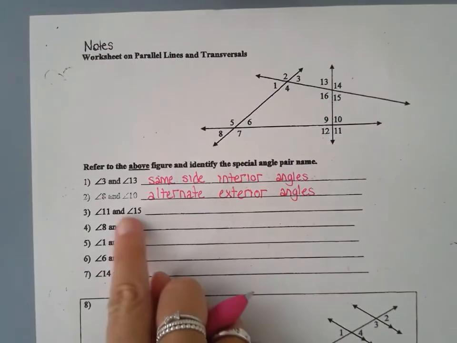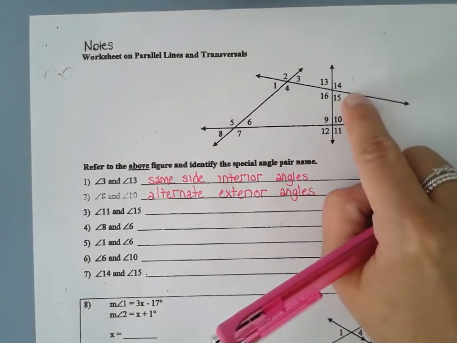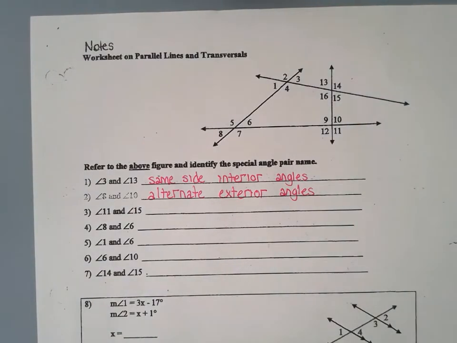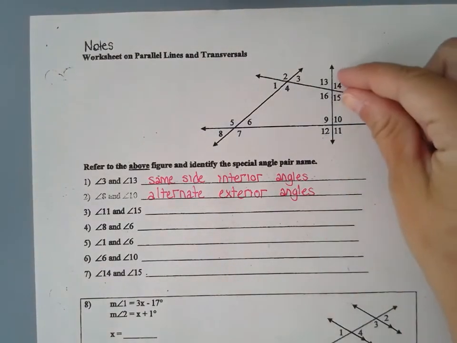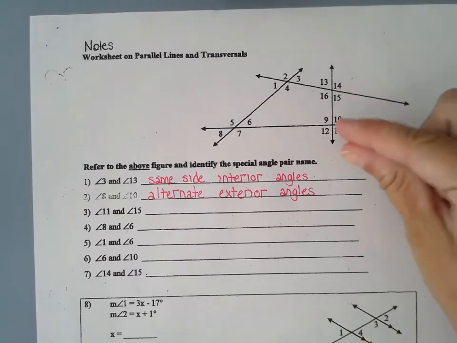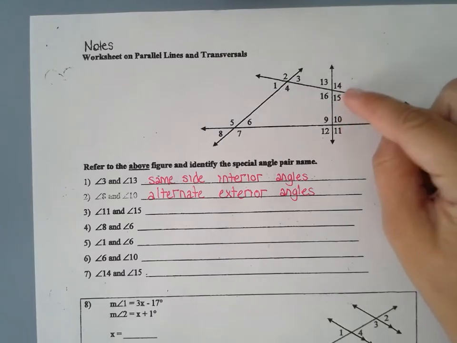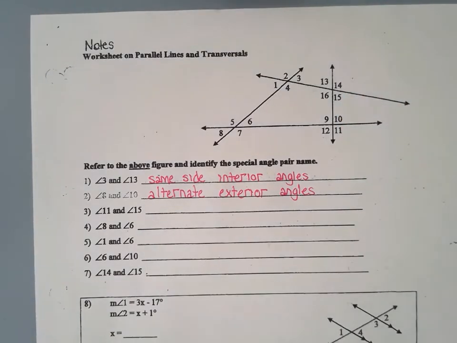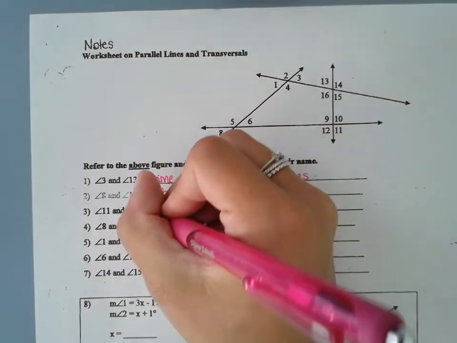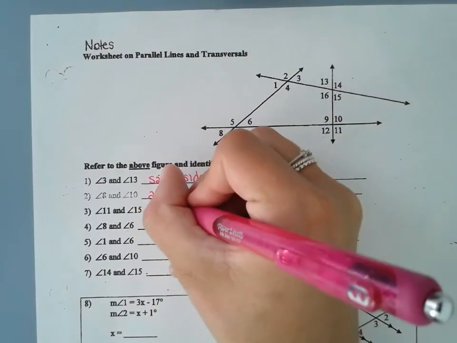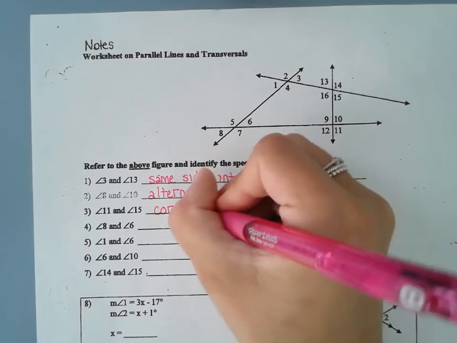For angles 11 and 15, we can look at our transversal straight on here. As I look at this top half and match it to the bottom half, 15 and 11 are in the exact same place. So these are corresponding angles.